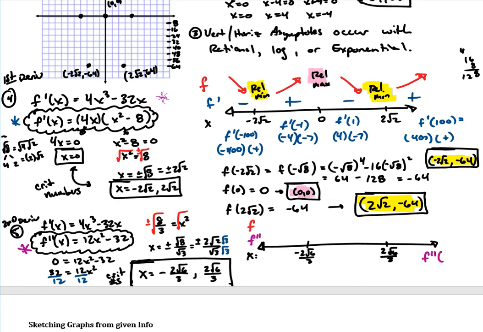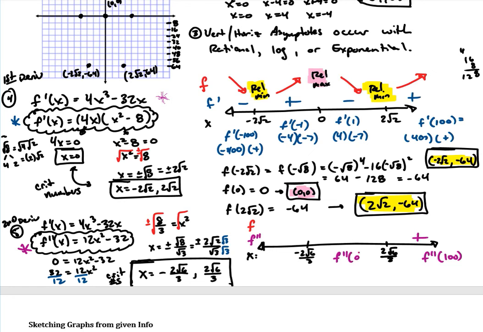So anything bigger than this number, I don't know what this number is immediately, but I know 100 is going to be bigger than it. Okay, because this is some small fraction, it looks like. And so if I plug 100 into our second derivative, I would have 12 times 100 squared is a large positive number, minus 32 is going to stay positive.